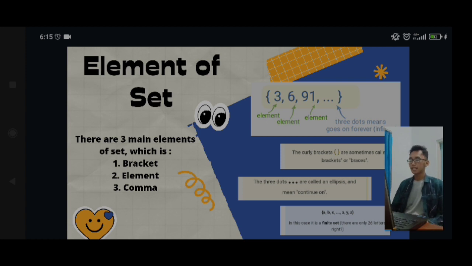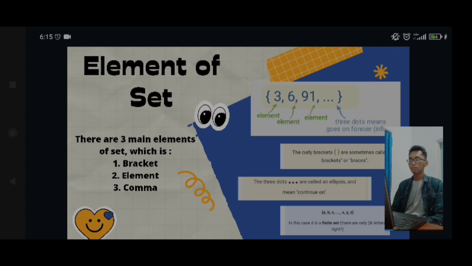Next is the element. Elements are the main component of the set because they are the members of a set. And next is the comma. A comma separates every element inside the set. Like 3, 9, 93, 6, 91, all of them are different elements. So that's why we use a comma to separate 3 and 6, so it does not become ambiguous.